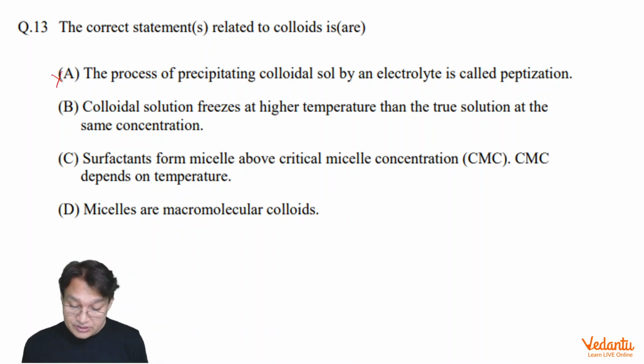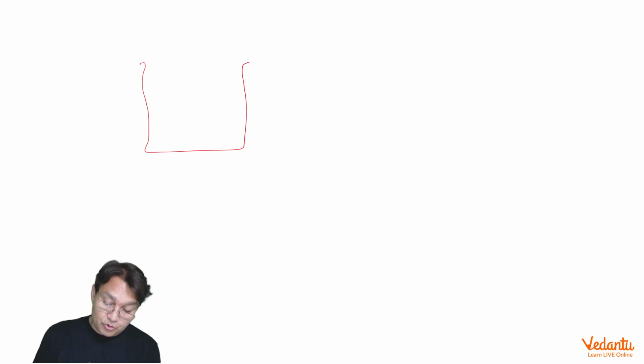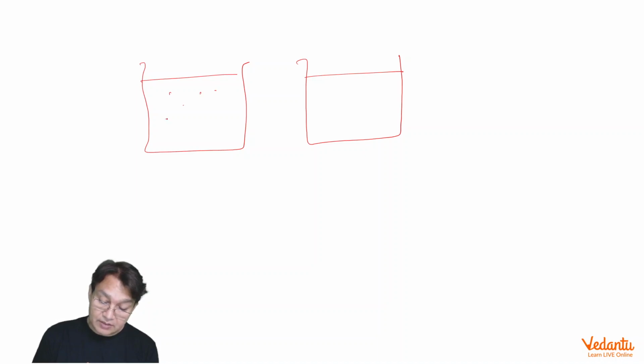Similarly, colloidal solutions freeze at higher temperature than the true solution at the same concentration. This statement is a correct statement because when we compare a true solution with a colloidal solution, in a true solution the number of particles is more.